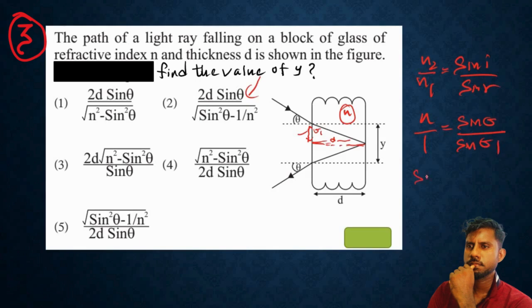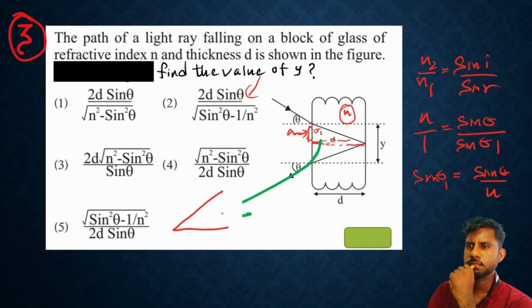So I get sine theta 1 equals sine theta divided by N. If we need to find this value, I need to find the tan theta value.